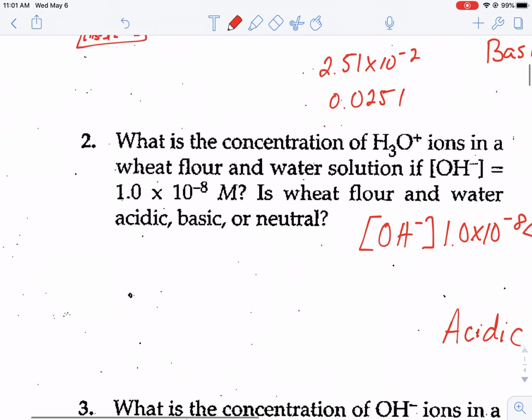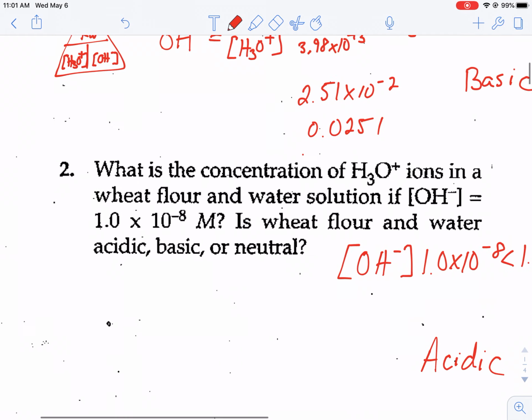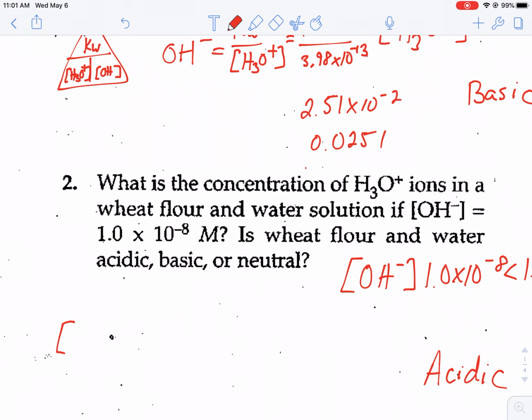Okay? The next thing I want to do is look at what I'm trying to find. It wants to know what the hydronium concentration is. Well, going back to that triangle, the hydronium concentration is going to equal Kw over my hydroxide concentration.